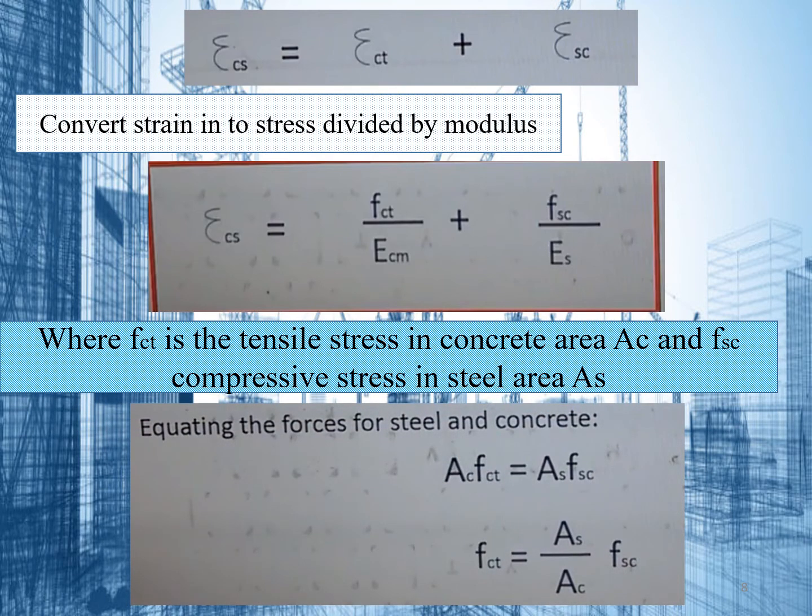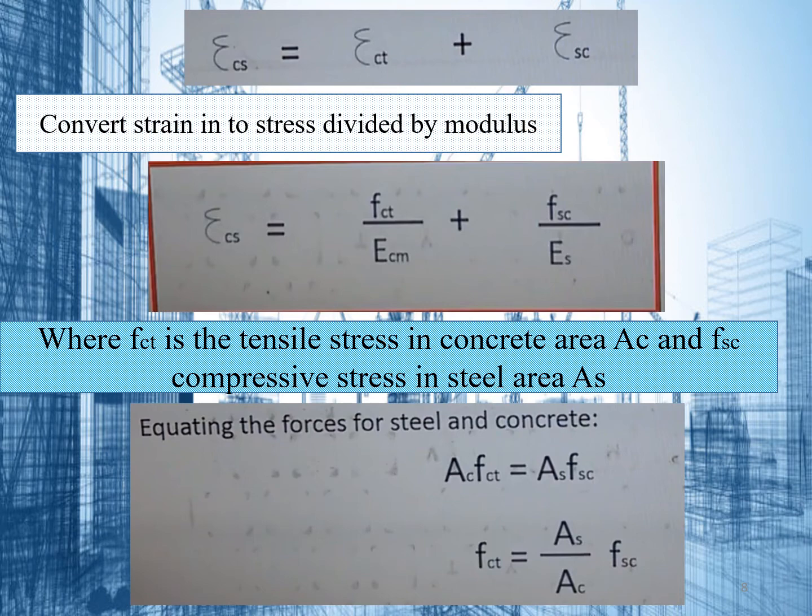Where FCT is the tensile stress in concrete, and concrete area is AC, and the FSC means stress in steel. Steel area is AS. Equating the forces for steel and concrete, we can prepare the equation finally.